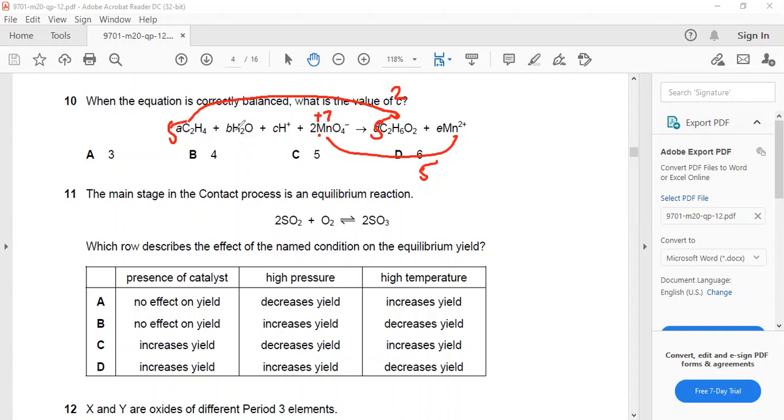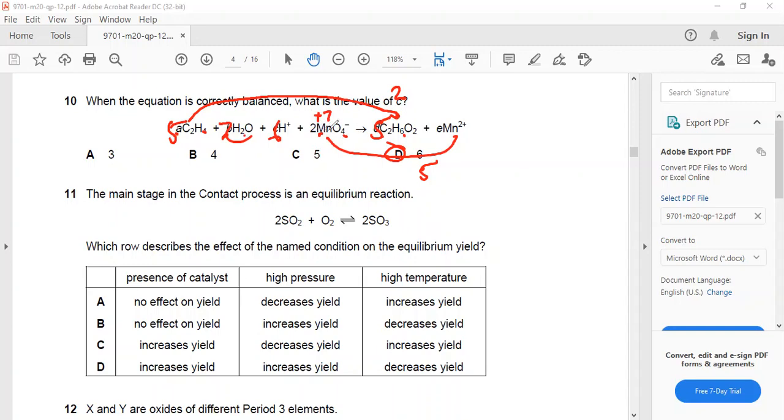Then oxygen here is 10, here it is 8, so there will be 2. Hydrogen here is 30, 20, 24, so C will be 6. Balanced.